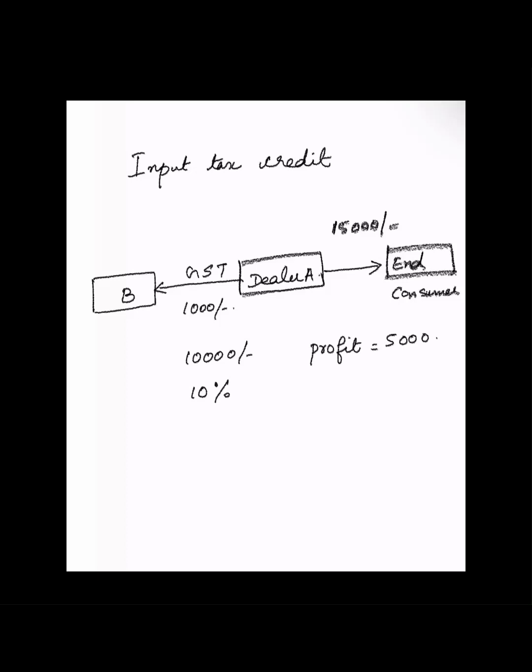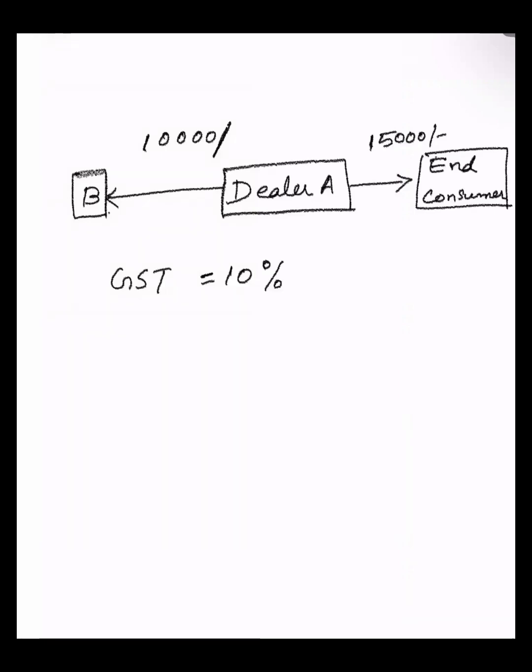Okay, so how much does this end consumer have to pay as GST? He has to pay for the entire 15,000. The 10% of the entire 15,000 is what the end consumer will pay as GST. Okay, so he is paying say 1,500 as GST. So in this given example, dealer A is paying 1,000 rupees as GST to dealer B. That tax is called input tax credit.